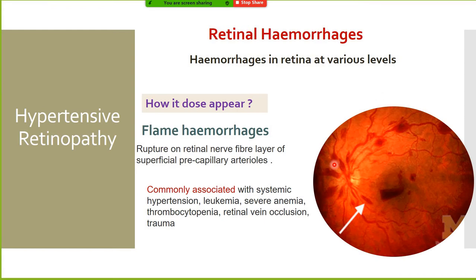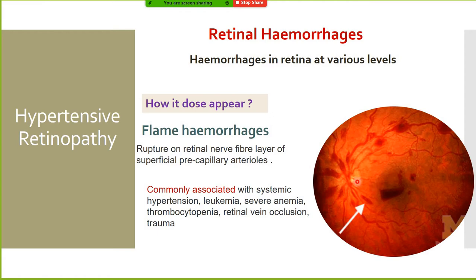Next come the retinal hemorrhages. We all know how a retinal hemorrhage looks. It can be a flame shaped hemorrhage or a blot shaped hemorrhage. In hypertensive retinopathy, we see more flame shaped hemorrhages. The most common associations with flame shaped hemorrhages are hypertension, leukemia, anemia, retinal vein occlusion, and trauma.